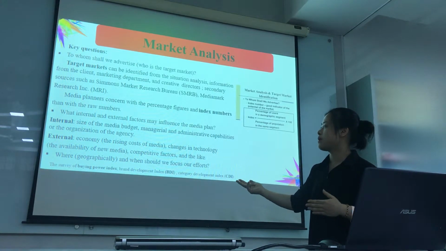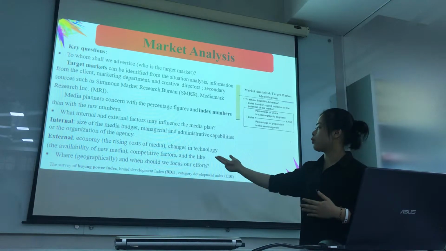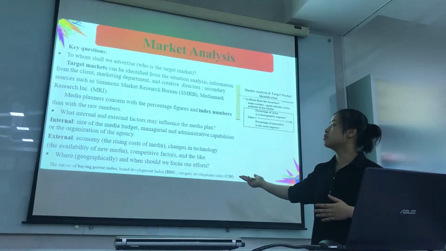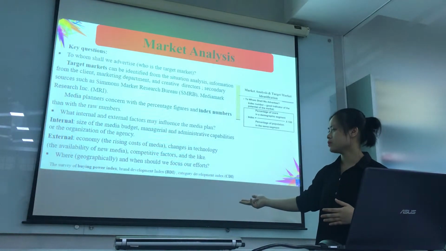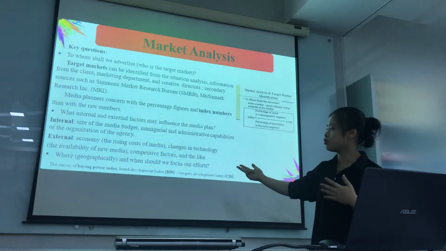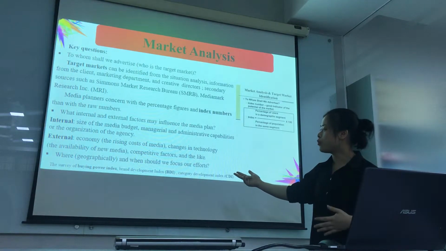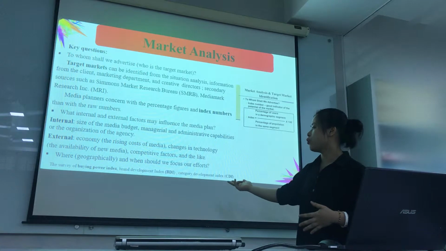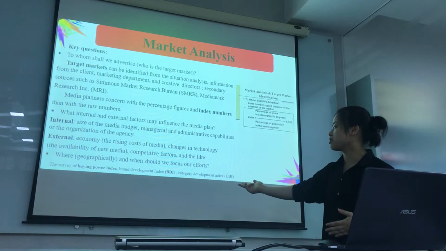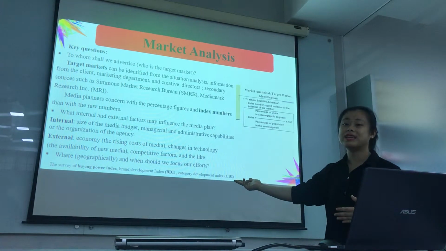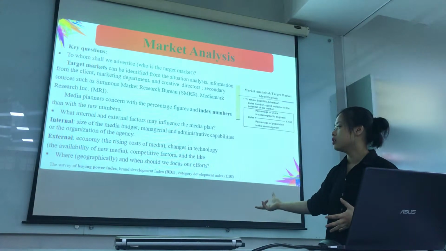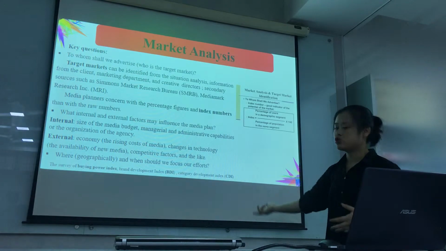External is about the economy, for example, the rising cost of media, changes in technologies, and competitive factors. The final step is to figure out where we promote our ad geographically. We can use the buying power index, BDI, meaning brand development index, and CDI, meaning category development index, to measure where we should promote.